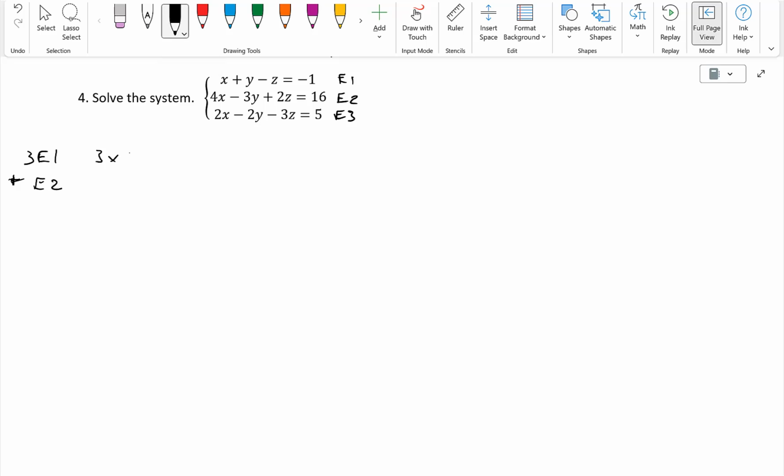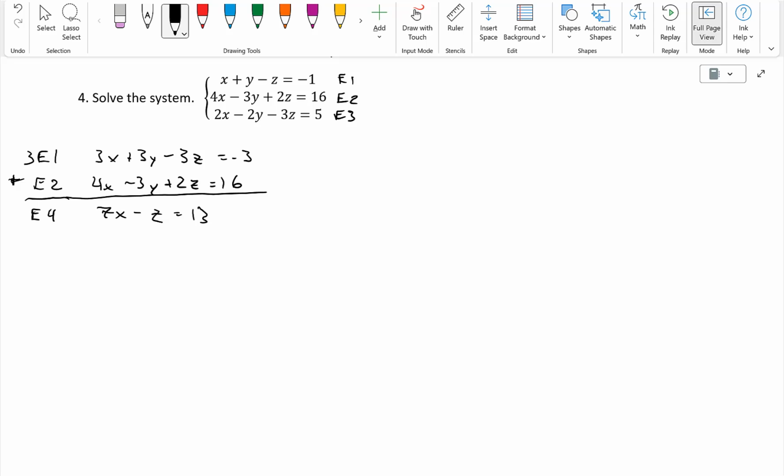We'll get a 3x plus 3y minus 3z equals negative 3 if we multiply that whole first equation by 3. And then our second equation is 4x minus 3y plus 2z equals 16. When I add those together, I'm going to get what we're going to call equation 4. It's going to be 7x minus z, and it's going to be equal to 13.